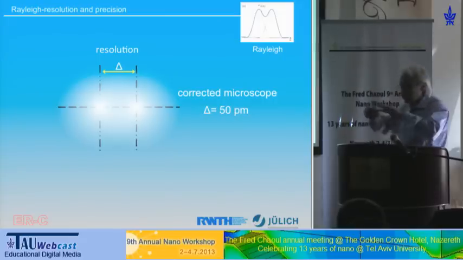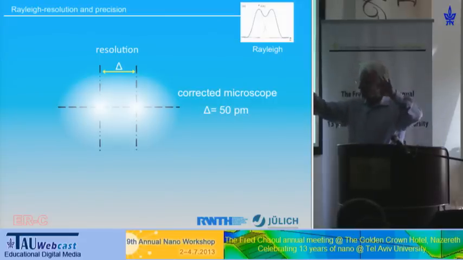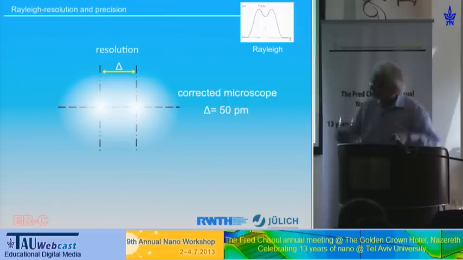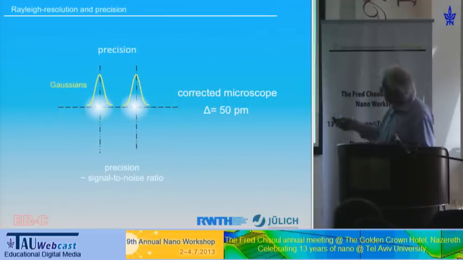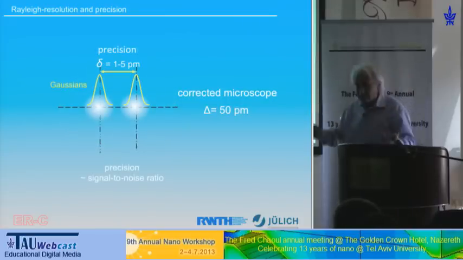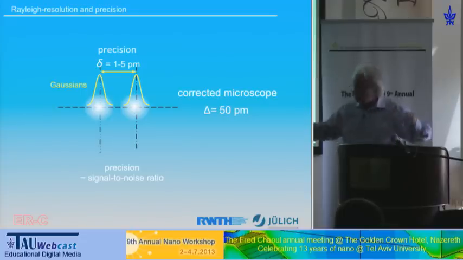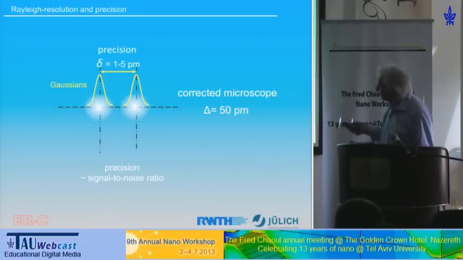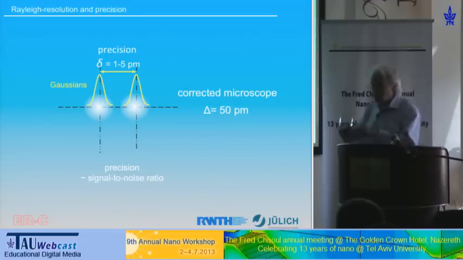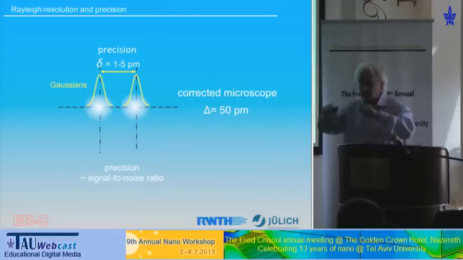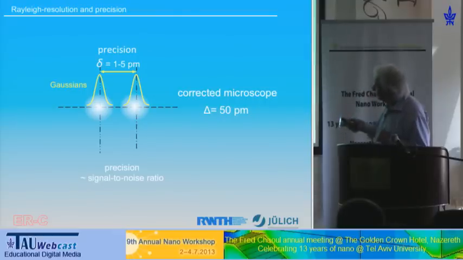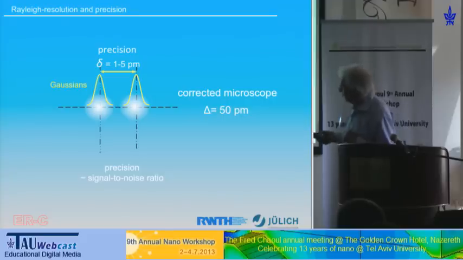Now, as soon as we have separated these atomic contrasts, because we have bought such an expensive instrument, that means they now are optically separated, then resolution is no longer important. What then counts is precision, and it's the precision with which we can localize the maximum of this contrast figure. And this maximum depends on the signal-to-noise ratio.